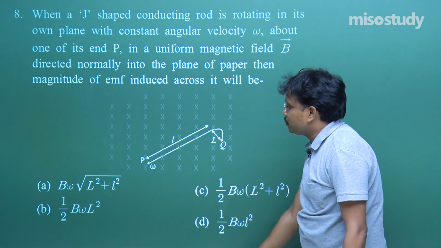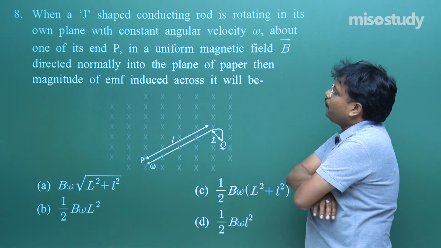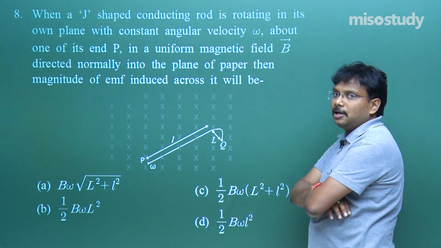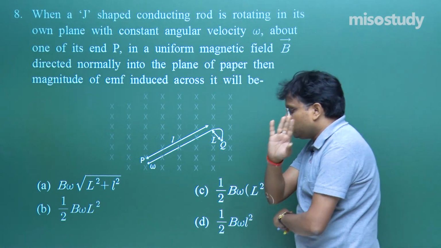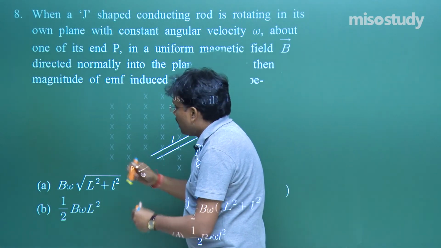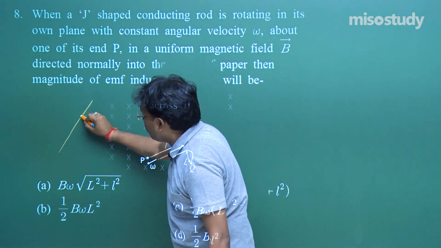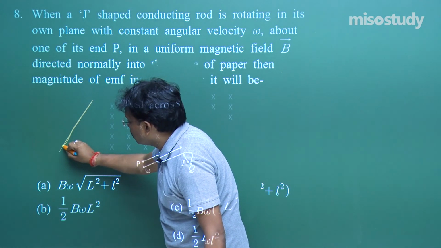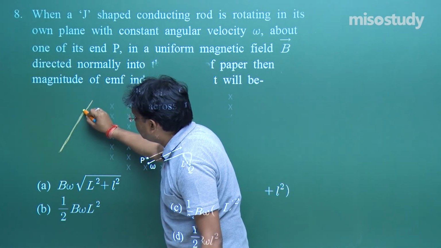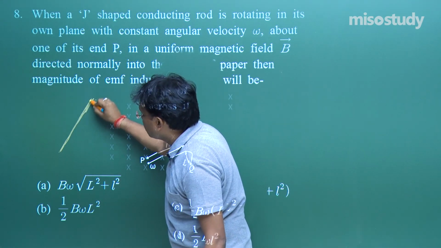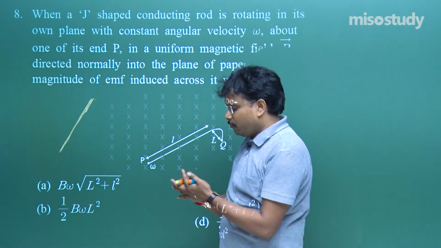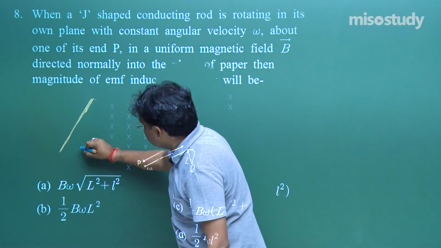Then comes question number 8. When a J-shaped conducting rod, let me explain the diagram once again. Moment I say I have a rod, you will imagine it like this, but here the rod is J-shaped. What is the meaning of J-shaped?